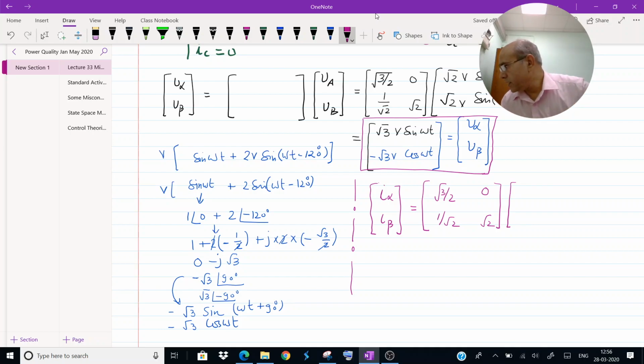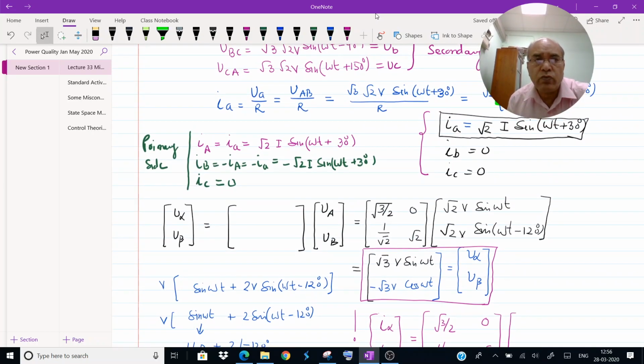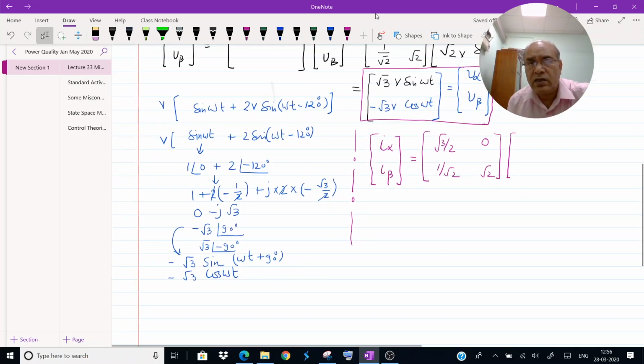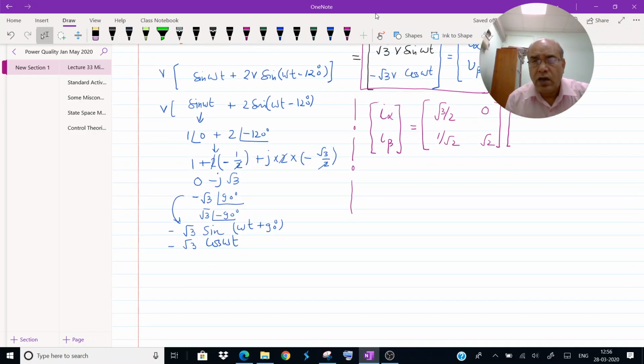We have found out IA, if you look upside, as root 2 I sin omega t plus 30, and then minus root 2 I sin omega t plus 30 degree.